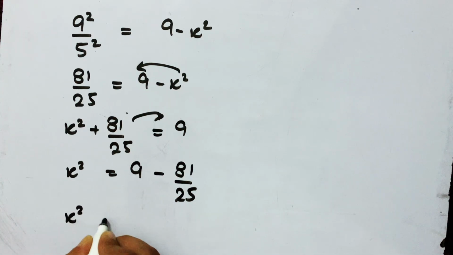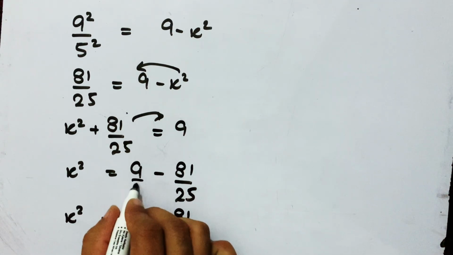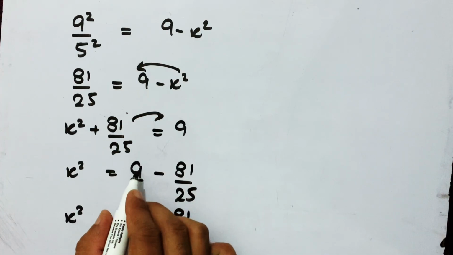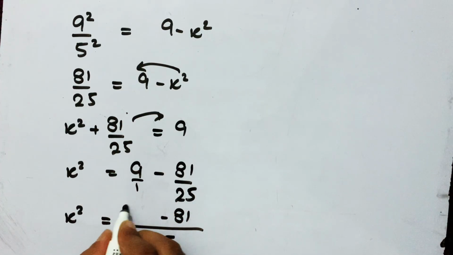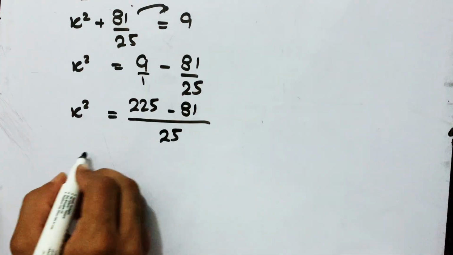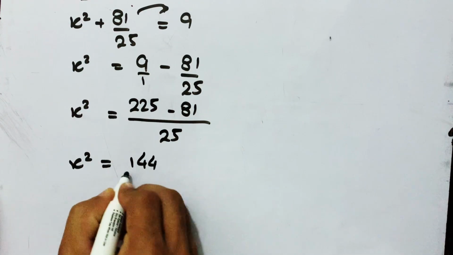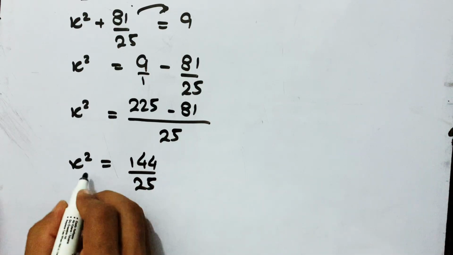x square is equal to, taking the LCM 25, 9 multiplied by 25 is 225, minus 81. So 225 minus 81 is 144, and x square is equal to 144 divided by 25.